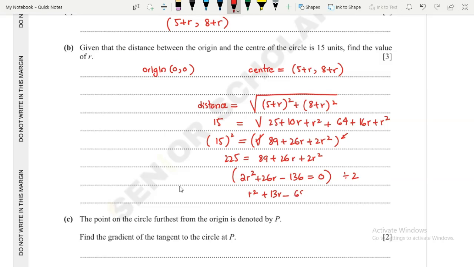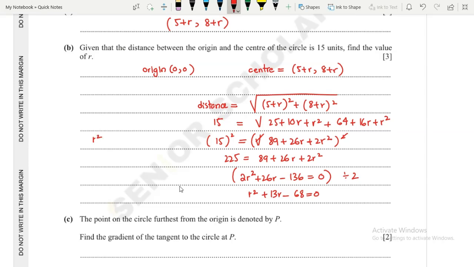Okay, 68. Let's find the factors here. What can be the factors? We have to subtract, so 18 into 5, I think. No, 15 into 2. Let's check it. 18 into 5 will be 90. 17 into 4, yes, it is 17 into 4.